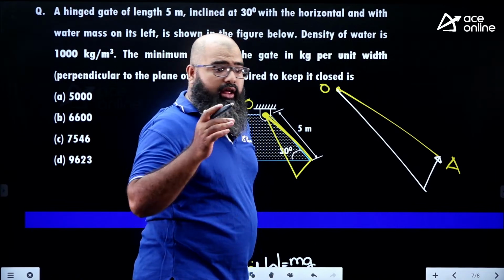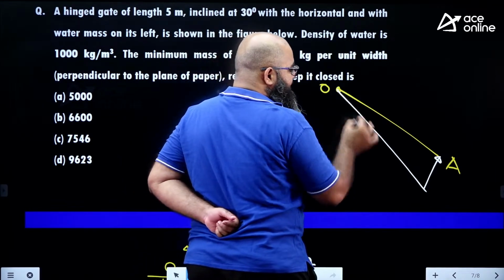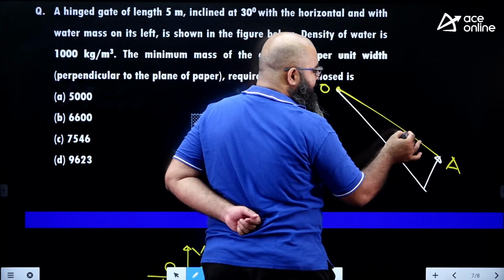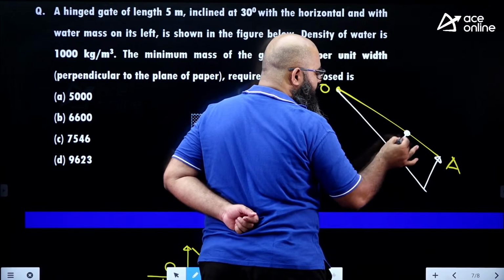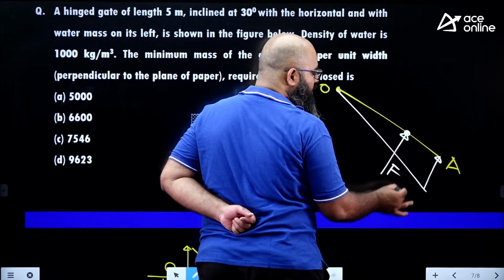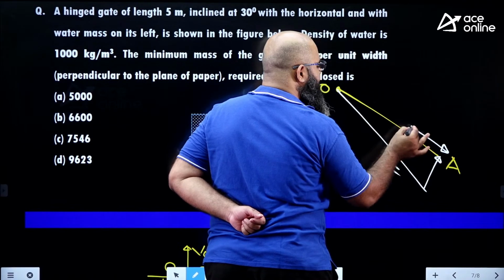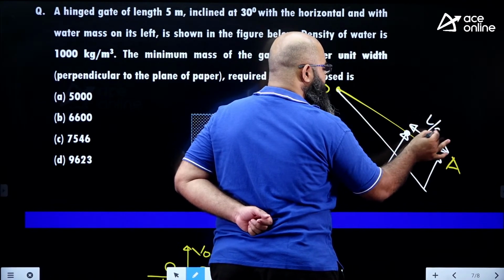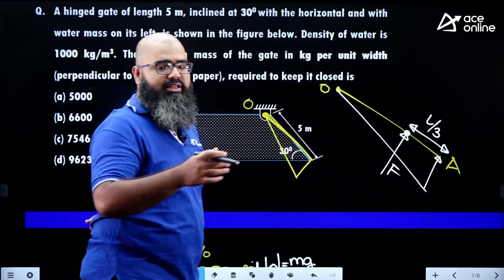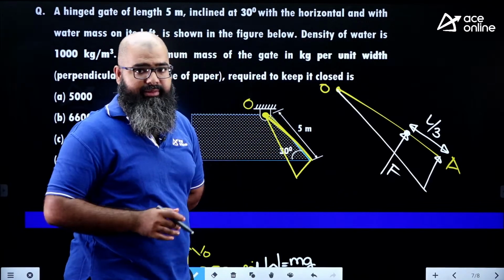Now I can say logically, since it's a triangular kind of loading, my net force is supposed to be concentrated, if this entire length is L, at a distance of L by 3. You should know that in a triangle, the centroid is given in this particular way, L by 3.